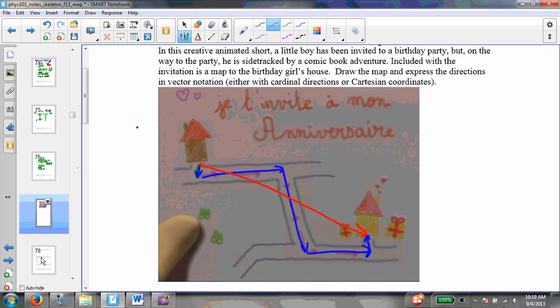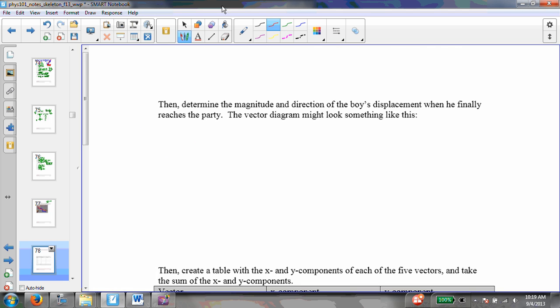So let's see. My vector diagram might look something like this, and I'll just give some estimates for the distances. So I have 5 meters to the south, so that's going to be negative 5 meters because it's to the south. Then I have 20 meters east, so that'll be plus 20 meters, and it's positive because it's to the east.